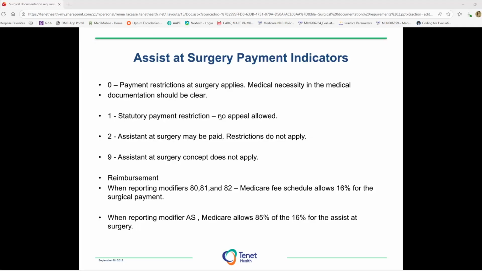But most of the time, they do deny it because, for example, a lower extremity duplex scan or vascular angiogram, a lot of times, we do have assists in there. And it's mostly because providers are learning. But even though they document it, that is one of the examples.